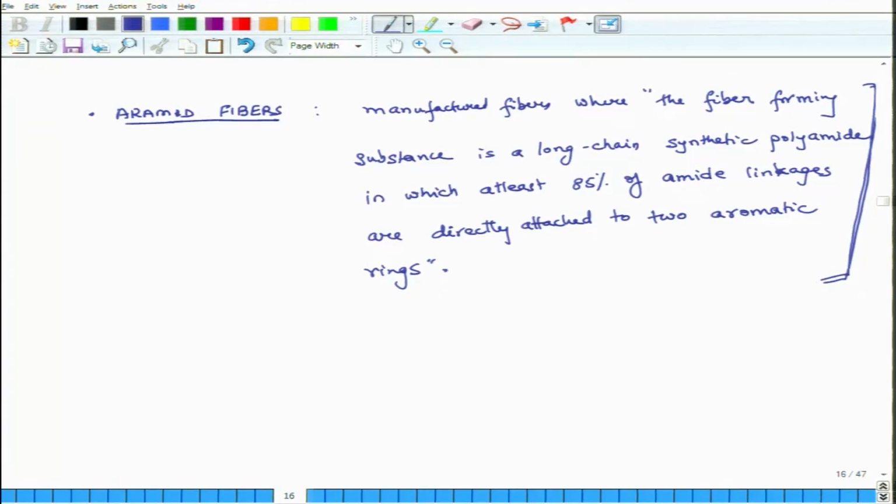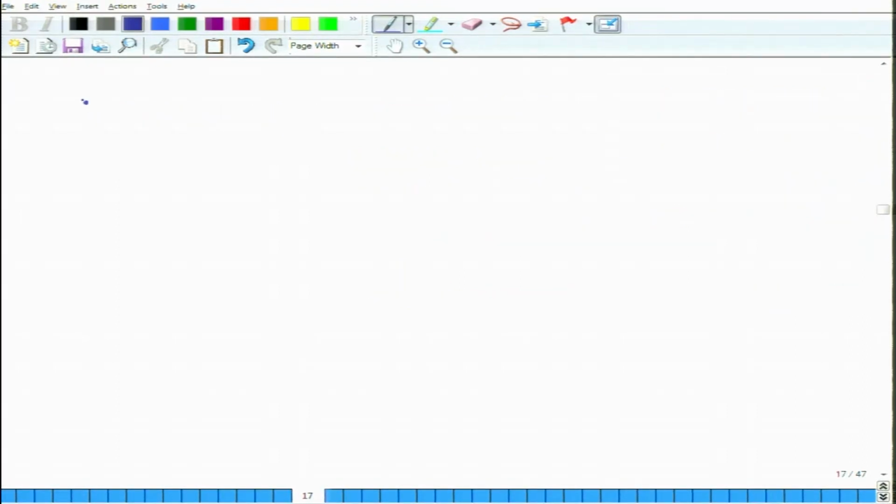Now, this is about chemistry, but what's more important is what is so special about these fibers. These are synthetic fibers and they have some very important properties, very interesting and unique, different from graphite fibers and glass fibers. First thing, resistance to abrasion.